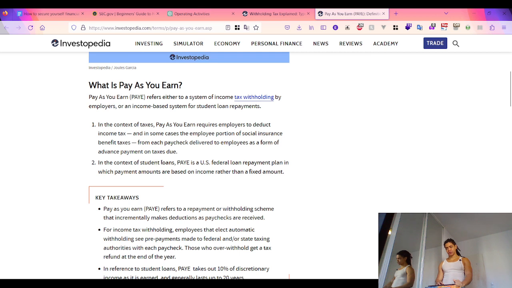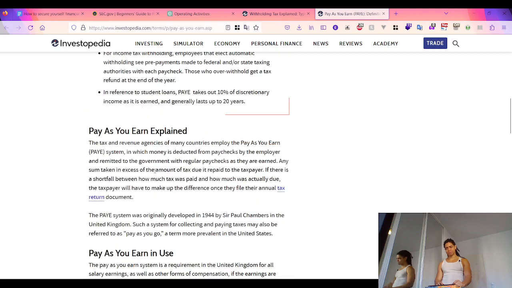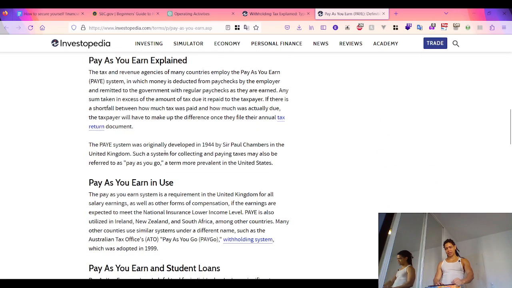And in the context of student loans, pay as you earn is a U.S. federal loan repayment plan in which payment amounts are based on income rather than a fixed amount.